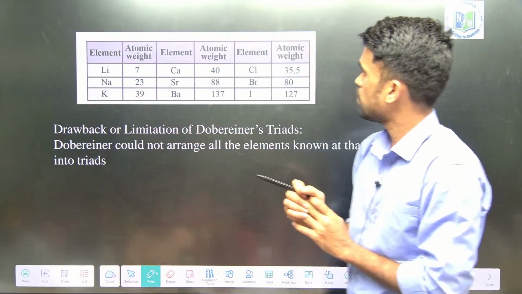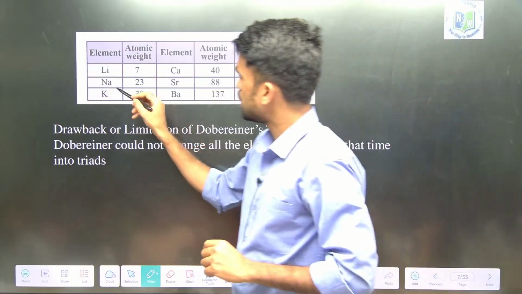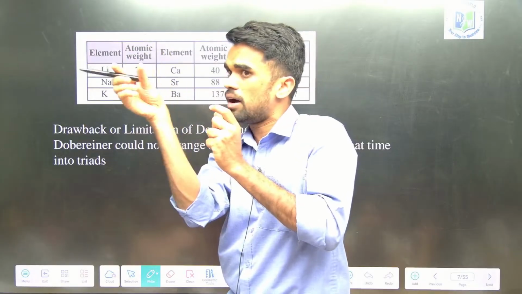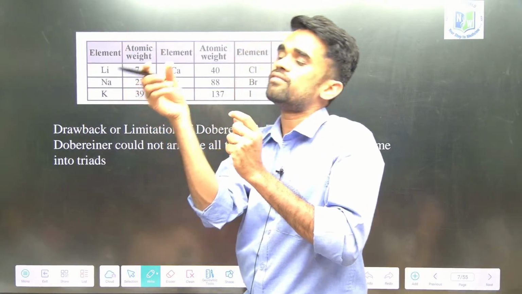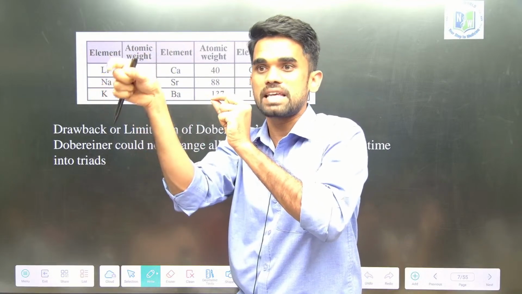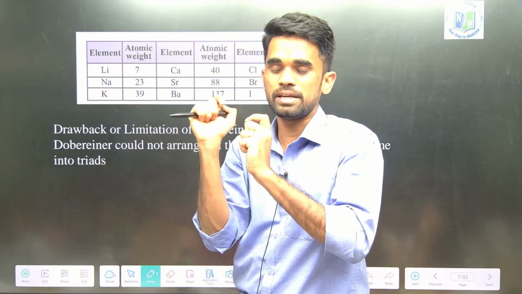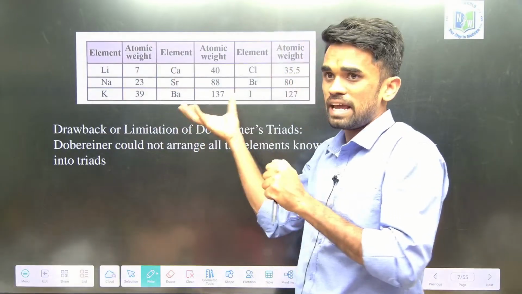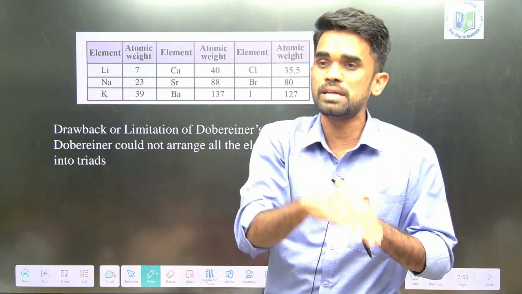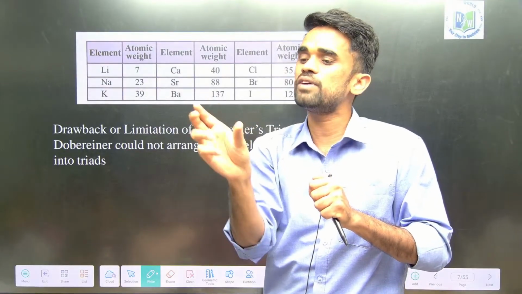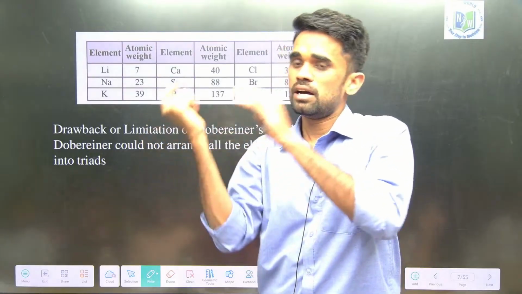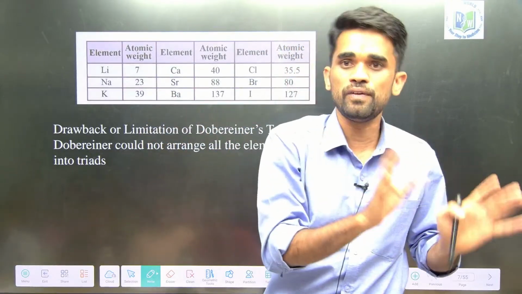If you observe, for some elements it is exactly the average of the middle one, but for a few elements it is only very near to the middle element, not exactly the value. It means this triad classification is not able to follow for all the elements known at that time. Only for a few sets of elements it is applicable. Therefore it had some limitation and then failed.